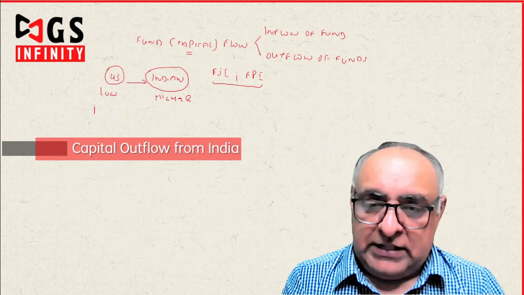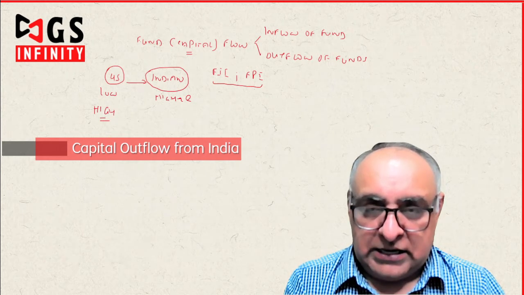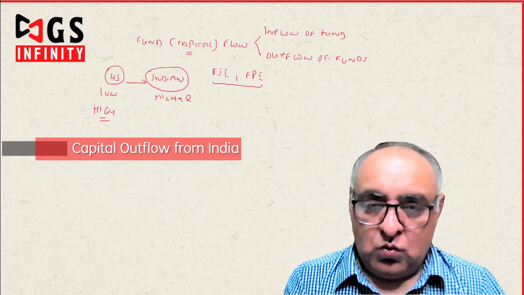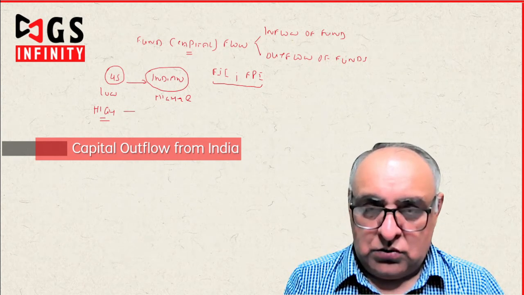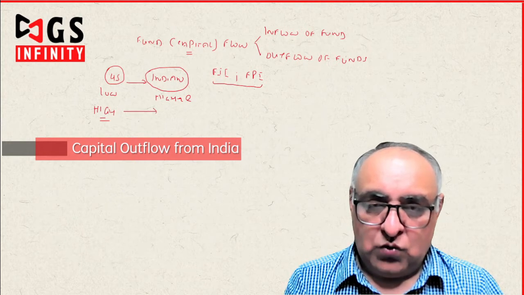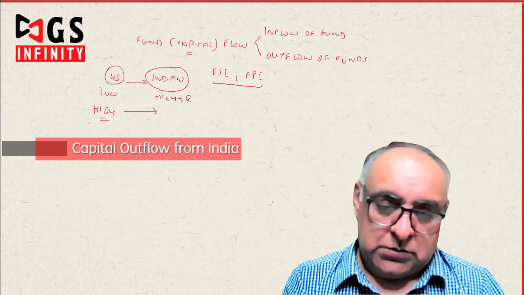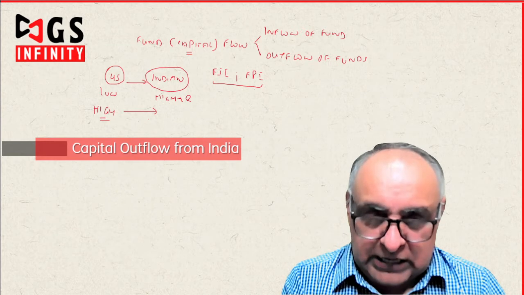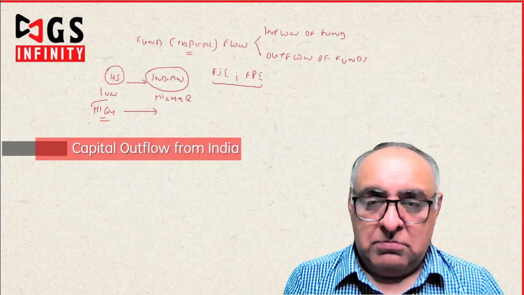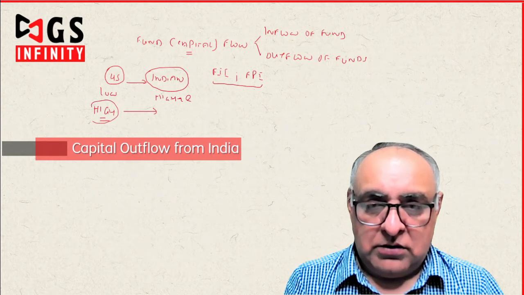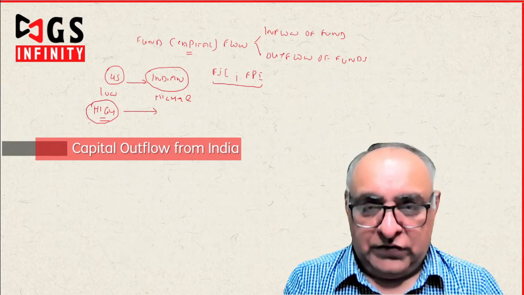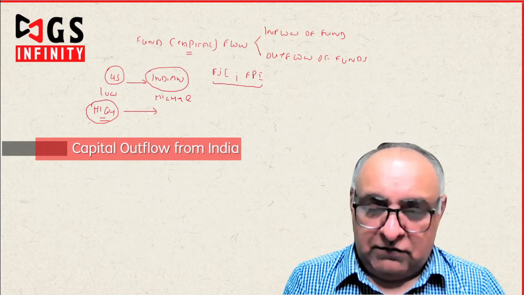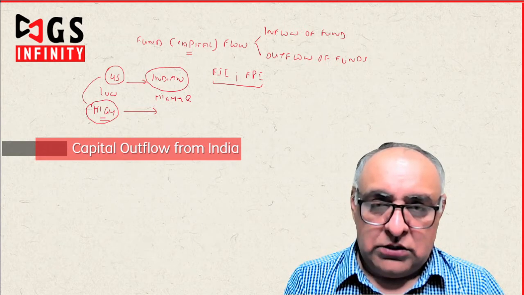Now when the rate in the US economy is higher, then what will happen? New funds would not flow into Indian markets, because the investors who were earlier borrowing from the US economy at a low rate of interest for investment in India to earn profits would now prefer to invest their money into the US market.